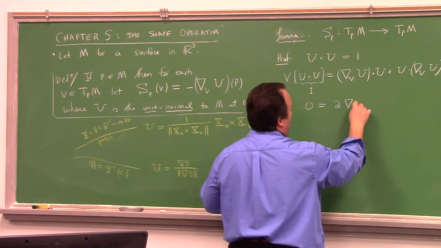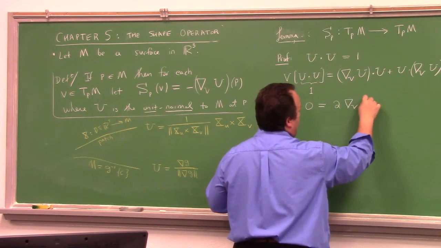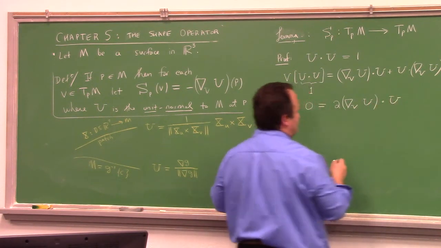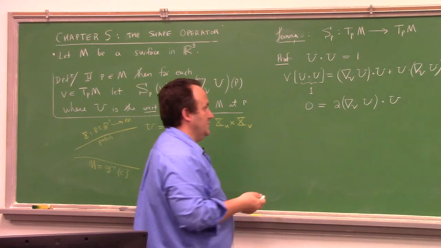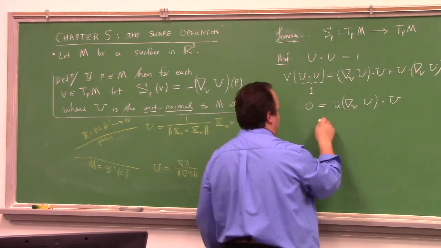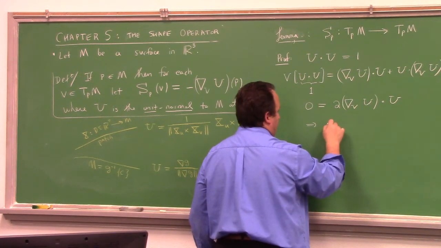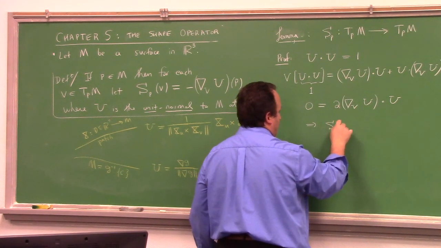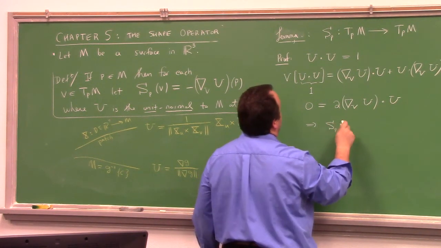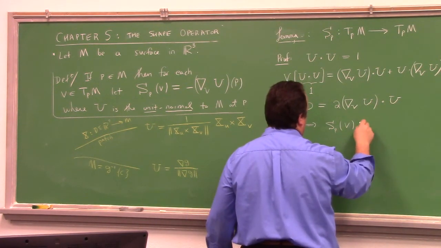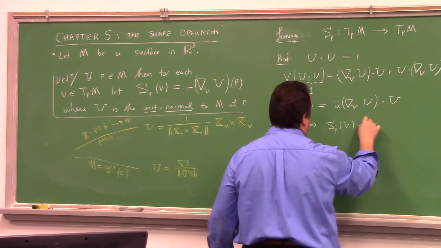And what does that say? If the covariant derivative of u in the v direction dotted with u is 0, if you put a minus here, what does it give you? So the shape operator at P acting on v, dotted with u, is equal to 0.